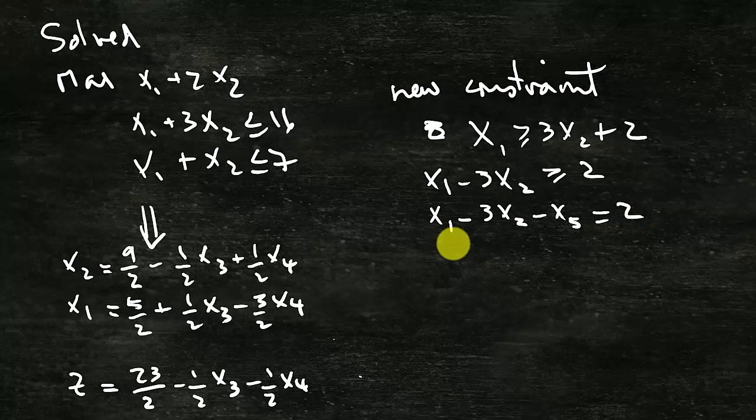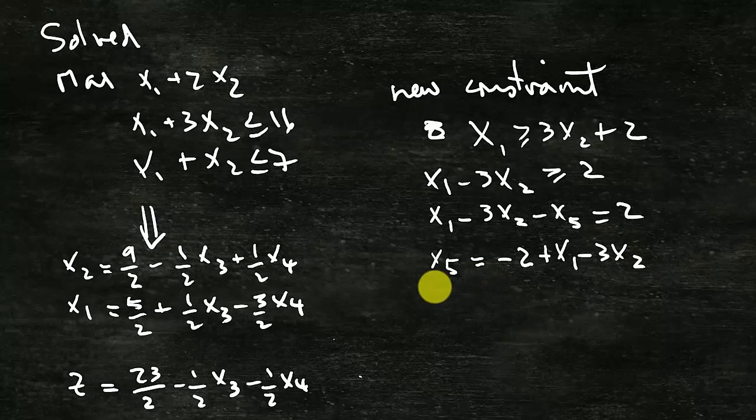Now, since x1 and x2 are basic, we really have a new equation that says that x5 is equal to minus 2 plus x1 minus 3x2.